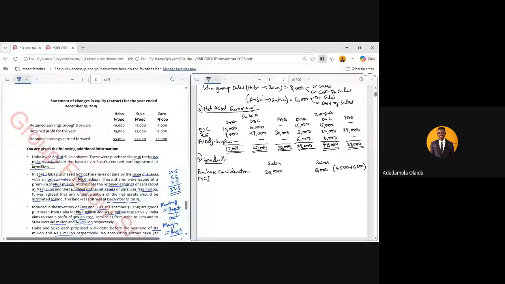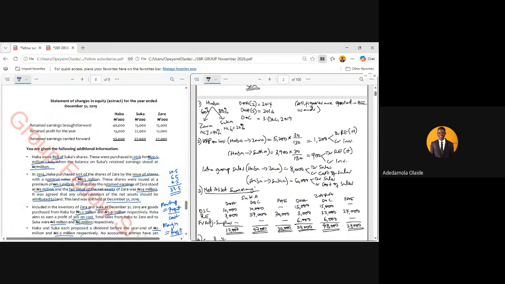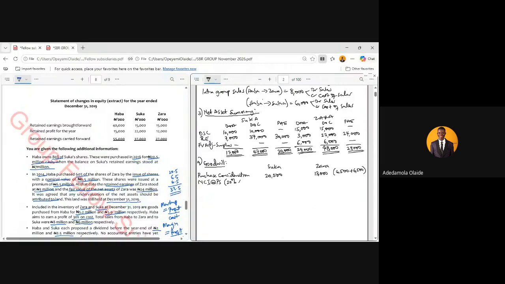Then NCI. Since they did not tell us anything about the fair value of any of the subsidiaries or the fair value of their NCI, we'll measure NCI at proportionate share. And what do I say proportionate share is? Their percentage of holding. In Suka, NCI percentage of holding is just 20%. Remember, from our group structure, it is 20%, multiplied by the value of the asset, 17,000.